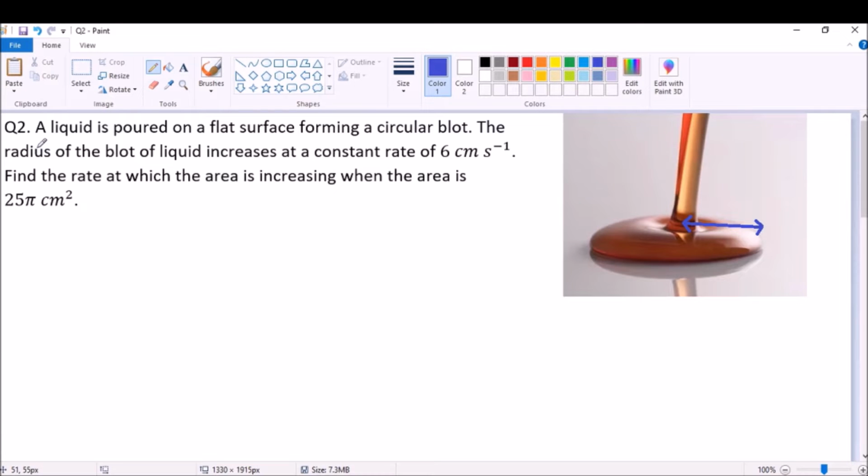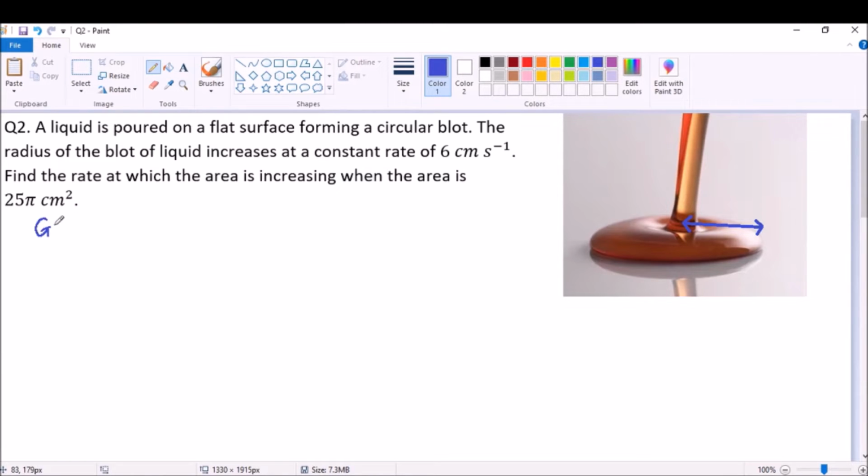Question 2. A liquid is poured on a flat surface forming a circular block. The radius of the block of liquid increases at a constant rate of 6 cm per second while the liquid is poured. Find the rate at which the area is increasing when the area is 25 pi cm squared.